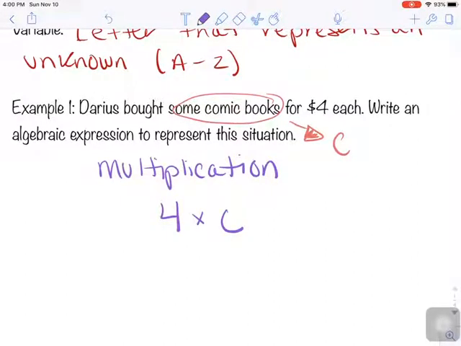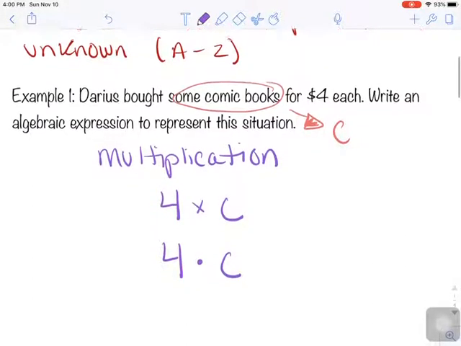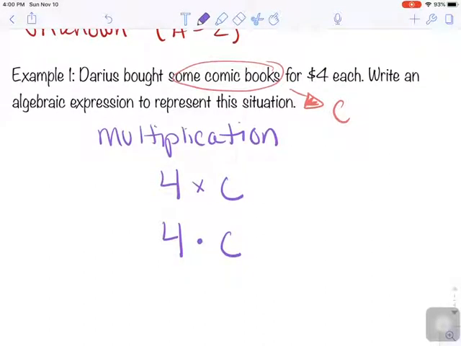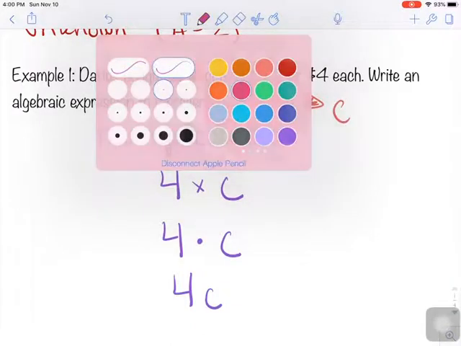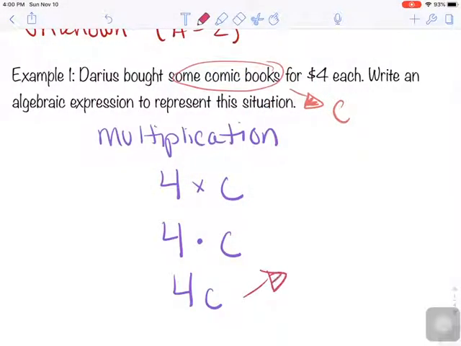So 4 times C, we can also write as 4 with this little dot C. Now, a lot of times when we are starting to use variables, you will see me use this dot more often just because X can stand for a variable, so sometimes it gets confusing. But if you ever see this dot right here, this means multiplication. And the other way that we can write this when we're dealing with expressions is 4C. And the reason I can write it this way is because any number right next to a variable means to multiply.